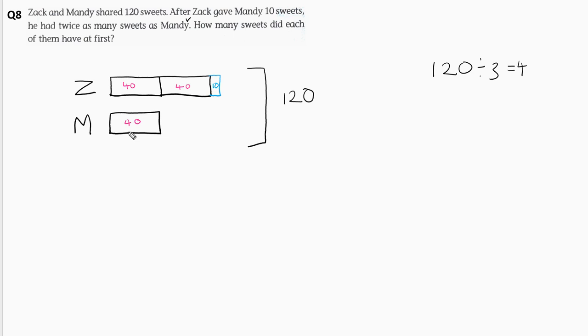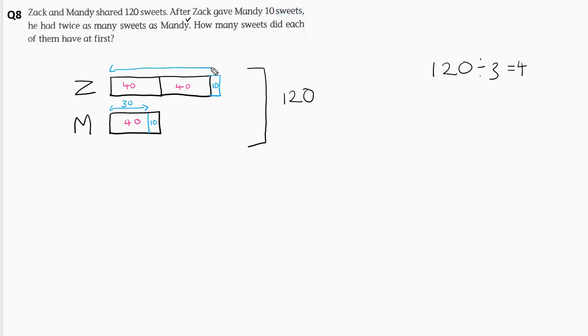They are now included in this block of Mandy's, which means she used to not have this block here of 10. This is what she had before, which must be 30, obviously, because 40 take away 10 is 30.